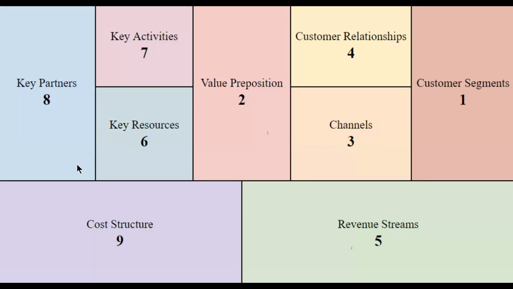You should start with customer segments, continue with value proposition, then channels, then customer relationships, revenue streams, key resources, key activities, key partners, and cost structure. We will go deep into them right now, but this is a basic business model canvas example.